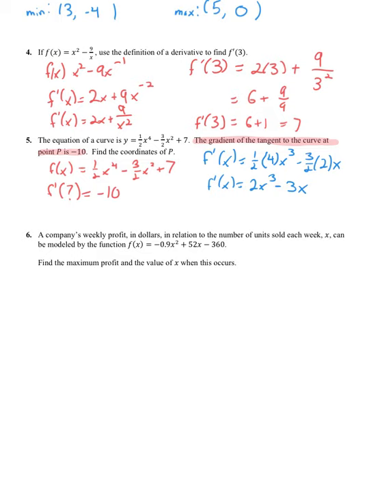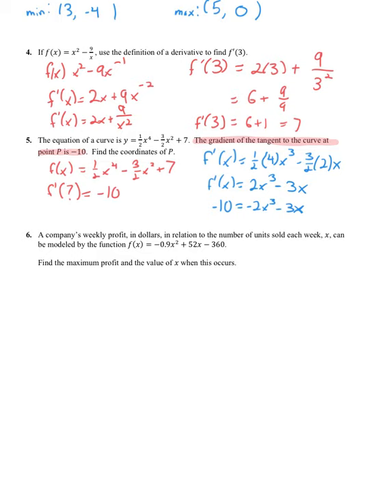All right. Okay, now we know that's going to happen when this equals negative 10. All right, so we could solve it this way by finding out what values of x are going to give us a derivative value of negative 10.